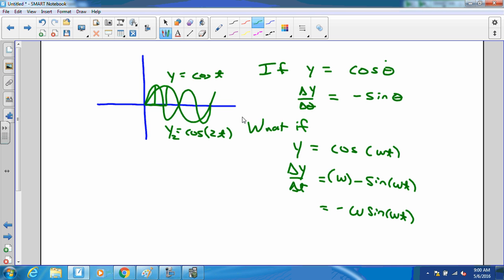So this relation works for omegas that are greater than 1, less than 1, and even equal to 1.